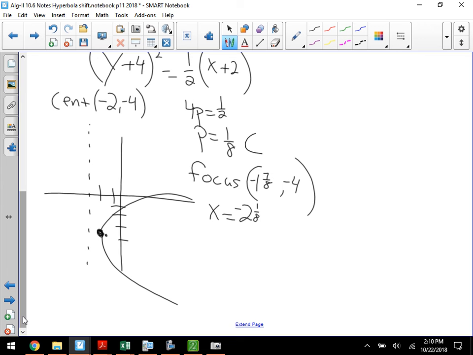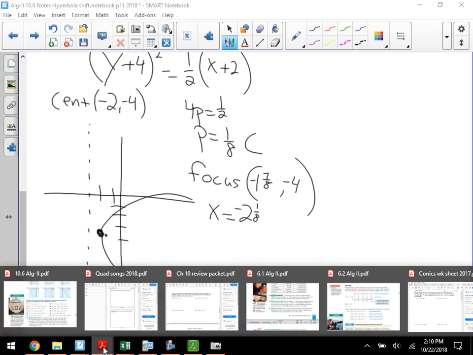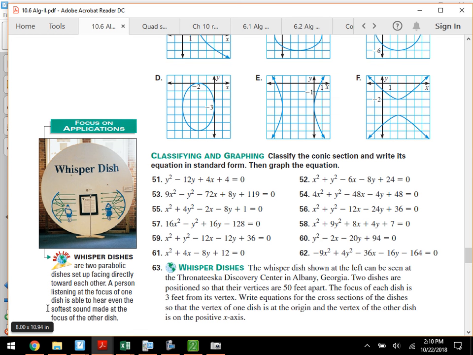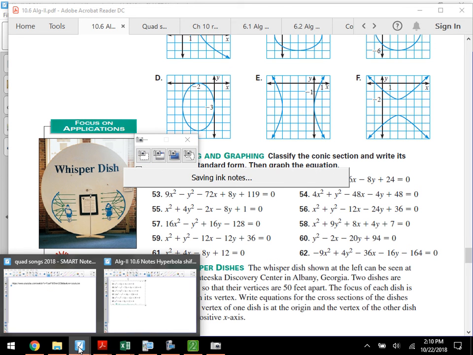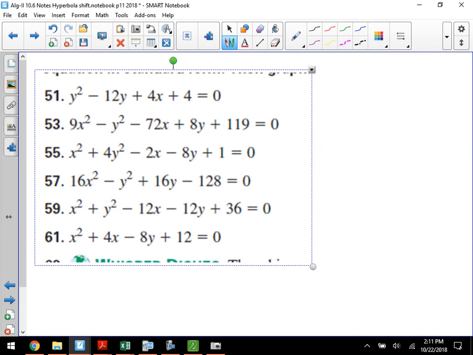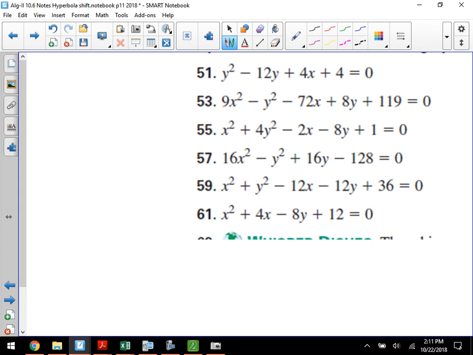Okay. What I wanted you guys to do, I think I posted it already, on the same PDF file. I believe I had you guys doing those 6. Of the first 3, it's just get into the conic form.